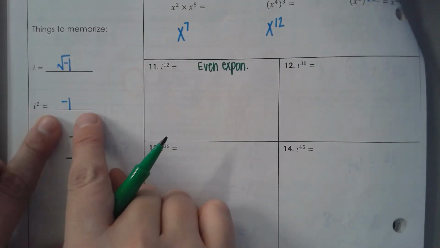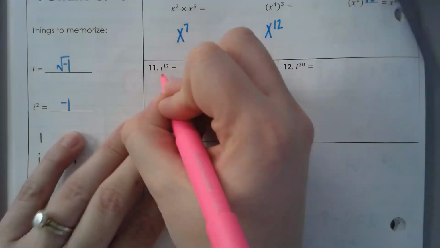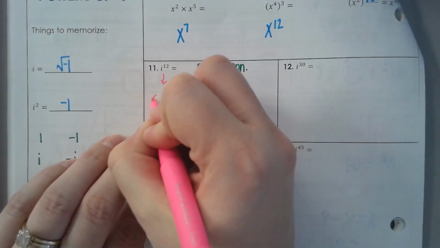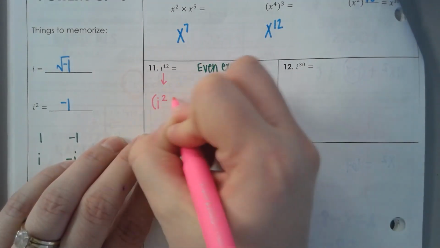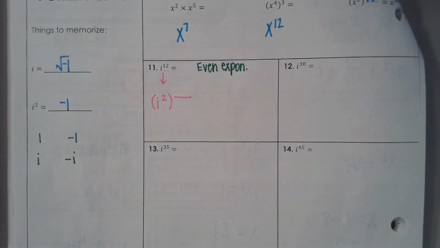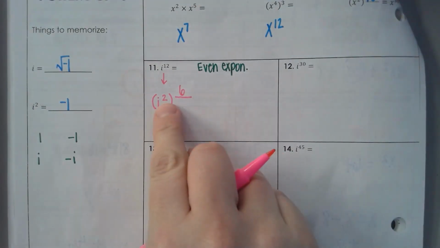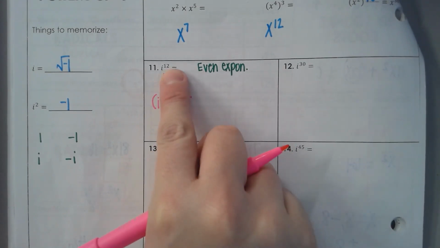Since we know that i squared is negative 1, that's a pretty easy number to work with. I am going to rewrite this so that I have i squared to some power. And what power would that need to be? It would need to be the 6th power, because 2 times 6 is 12.